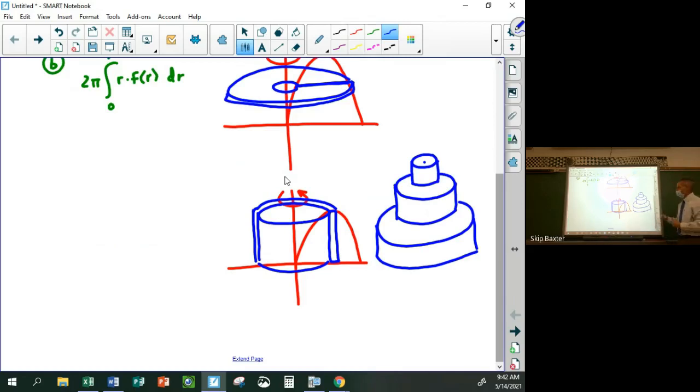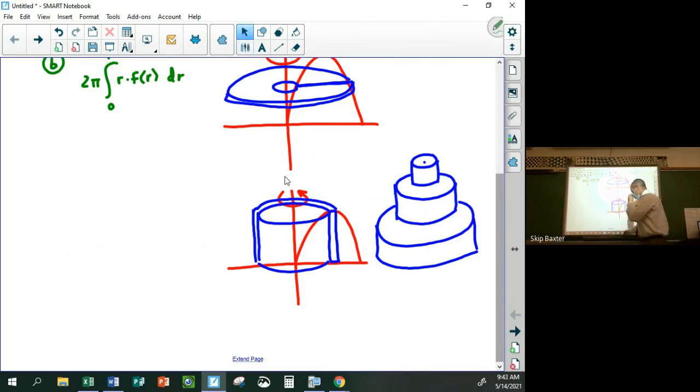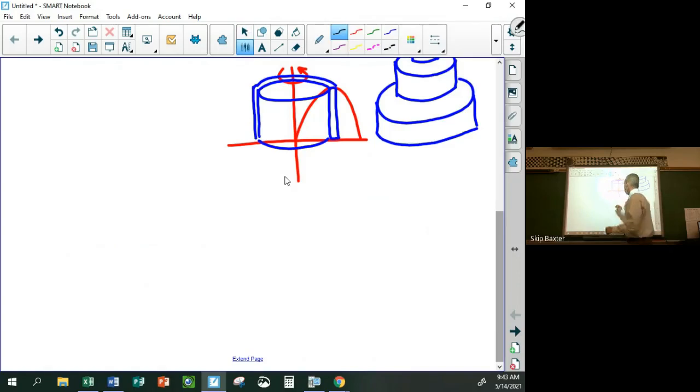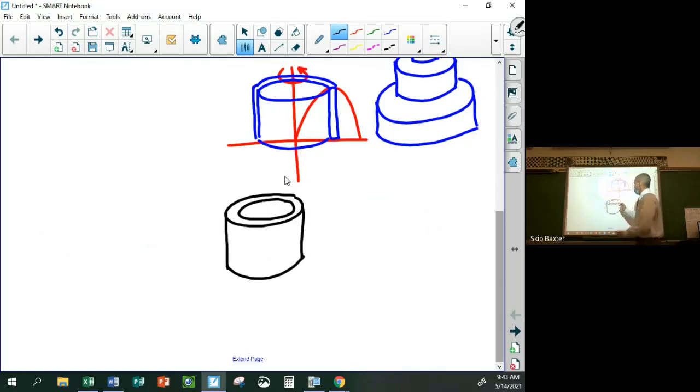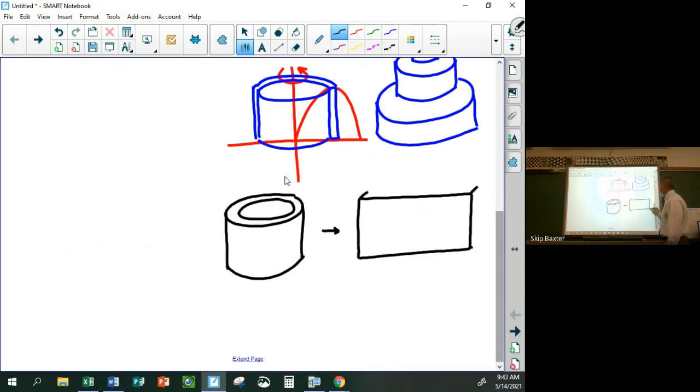If you took all three of these cylinders and opened them up, a typical cylinder, they call it a cylindrical shell, because it has a little bit of thickness. If you take a cylinder that has a little bit of thickness like this, and you cut it and unroll it, it's going to look like this, right? It's going to be a rectangle that has a little bit of thickness.